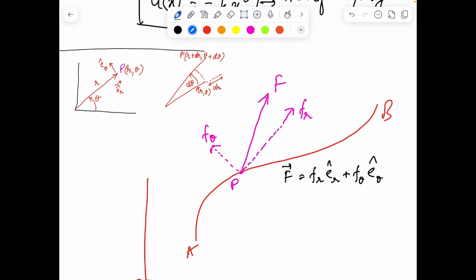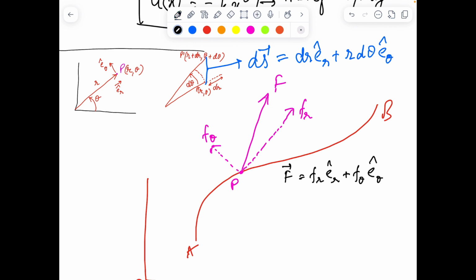Similarly, we have this ds vector, which is equal to dr e_r cap plus r d theta e_theta cap.